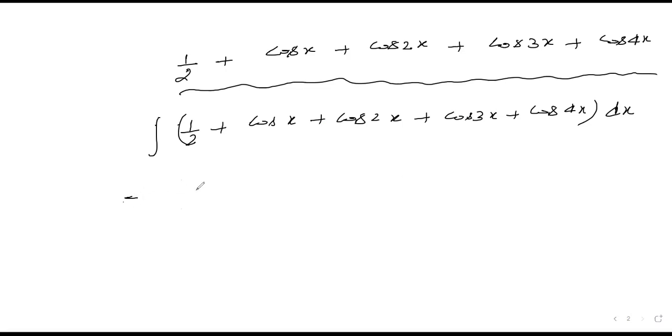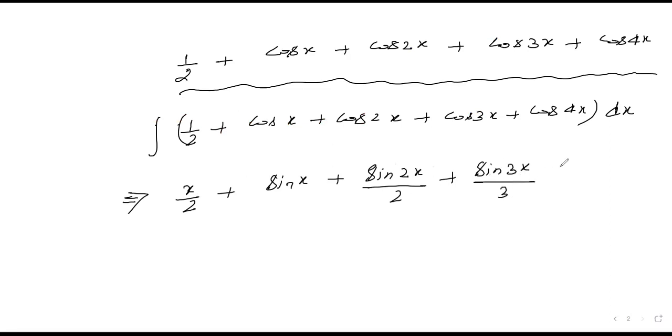After integrating, you will get x divided by 2 plus, since the integral of cos is sine, sine 2x by 2 plus sine 3x by 3 plus sine 4x by 4 plus the constant of integration c.